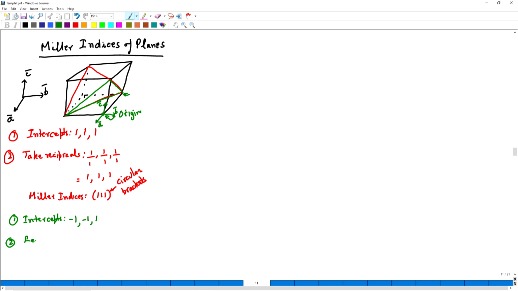Take reciprocals. So, reciprocals would be also -1, -1, 1, and then the Miller indices becomes, since I have a negative number I will put a bar on top: (bar 1, bar 1, 1).